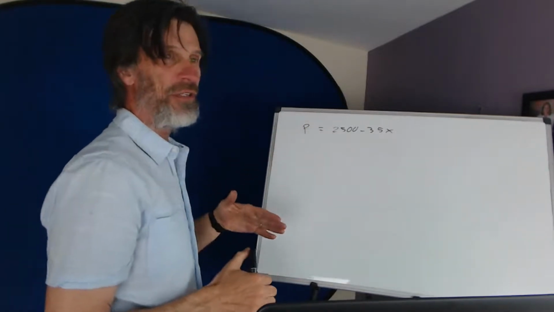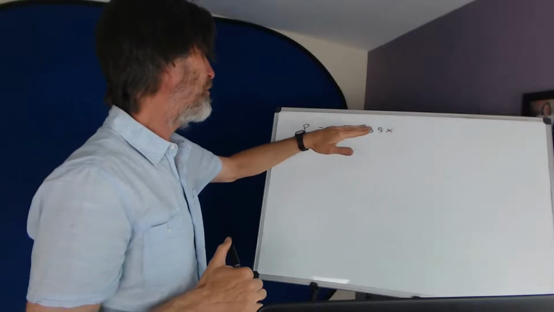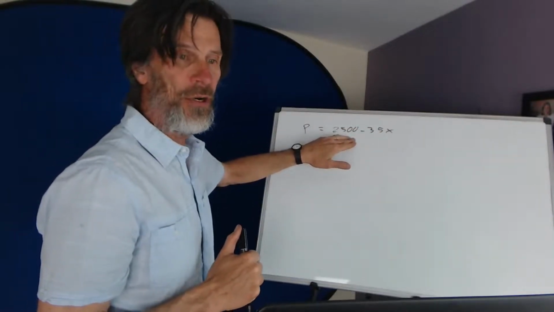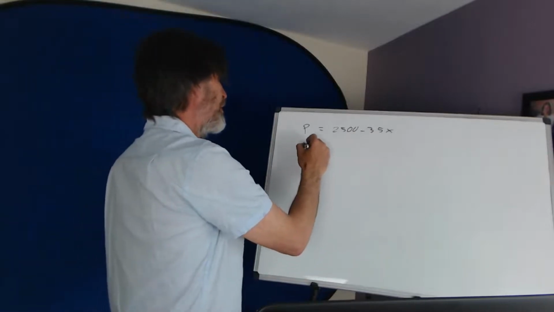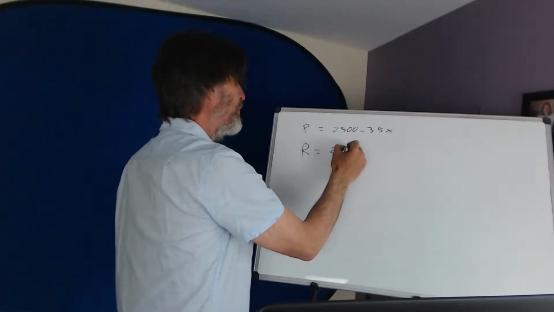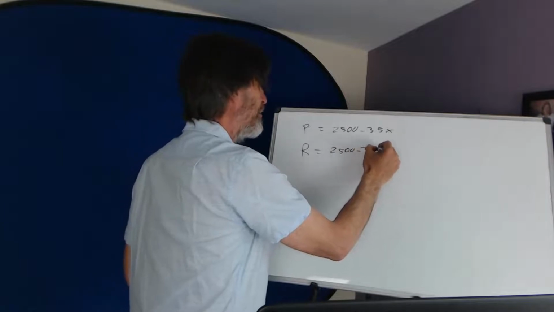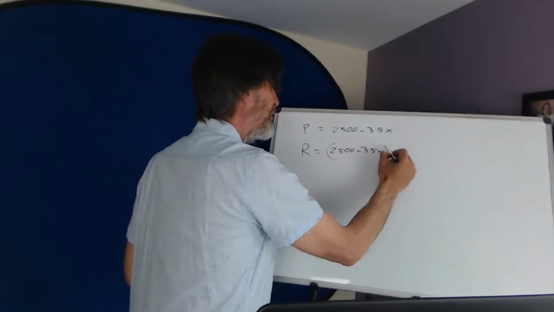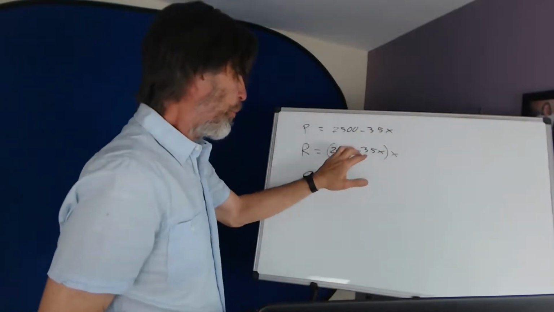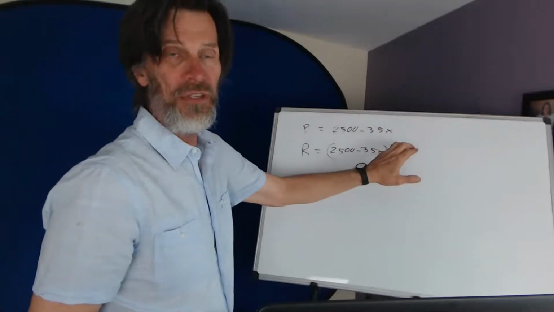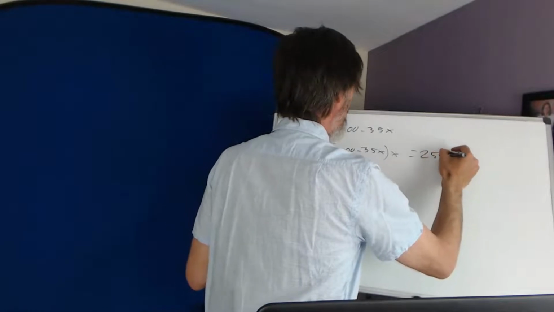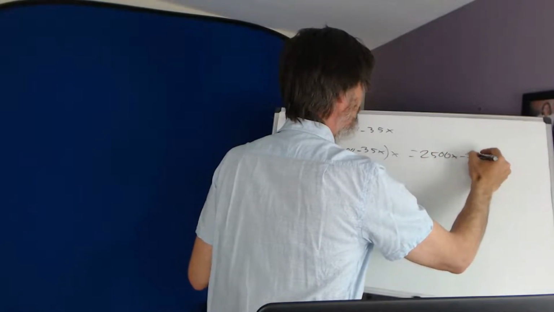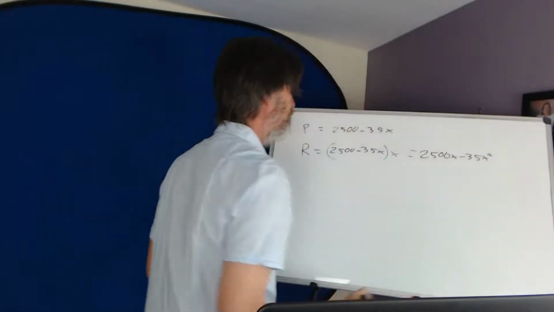X is the number of units demanded. This is the dollars we're going to get per unit sold, and X is the number of units sold. So the revenue is going to be 2,500 minus 35x times X. Price per unit times the number of units sold. 2,500x minus 35x squared.